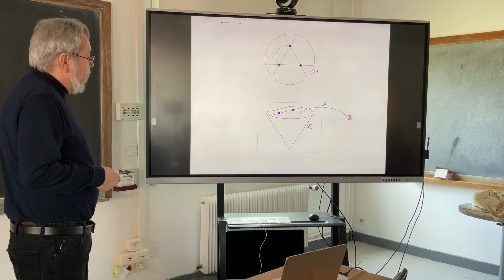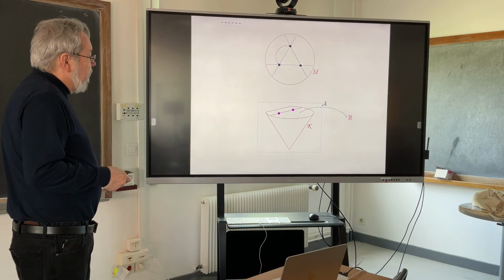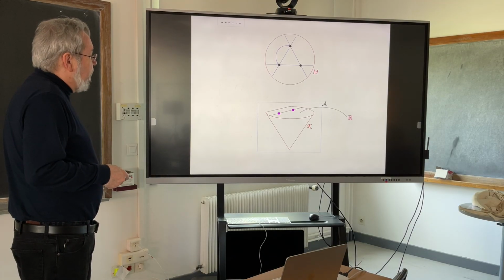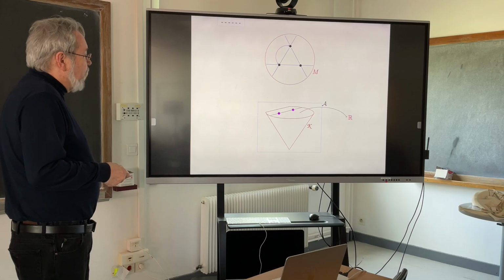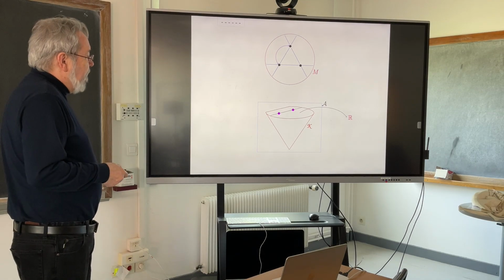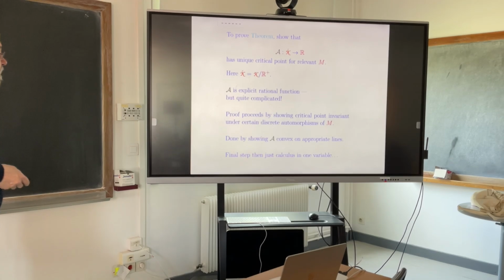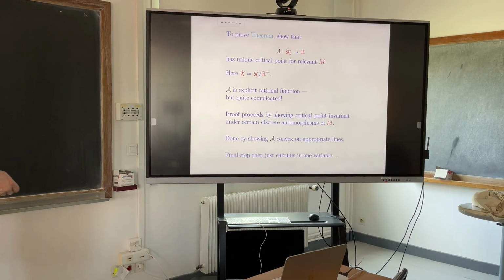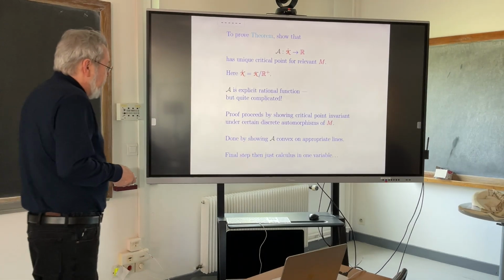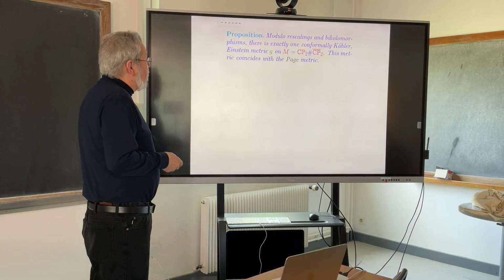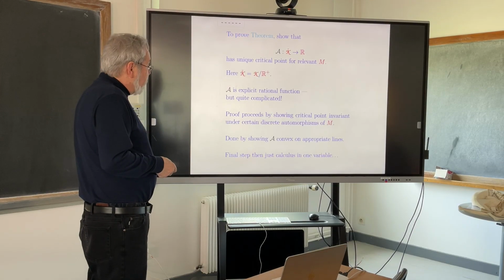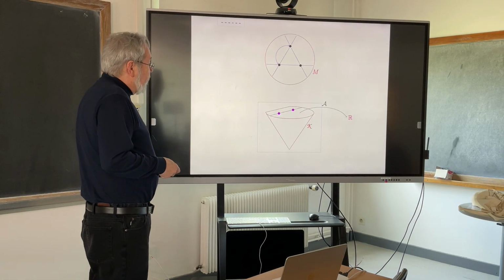Then you take a Kähler class and look at its image under this automorphism, join them by a straight line, and I claim that this action has a certain convexity property. So it's actually convex on appropriate lines.